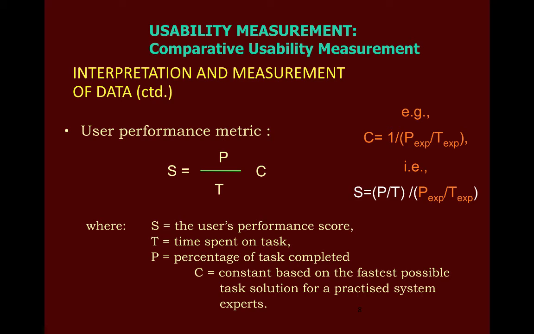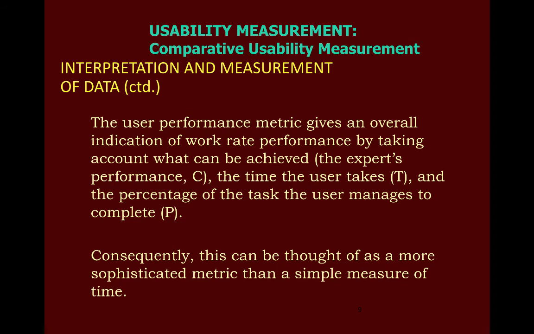So your constant is actually a constant that tells you something about the performance of the expert. In other words, all these timing measures and efficiency measures are relative to an expert. I already mentioned that. The performance that you achieve is normally compared with an expert's performance.